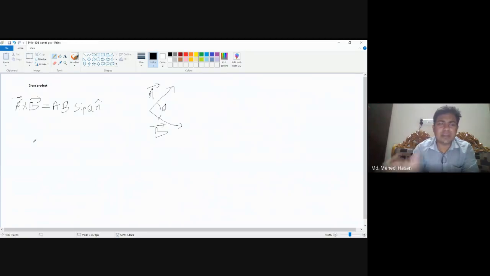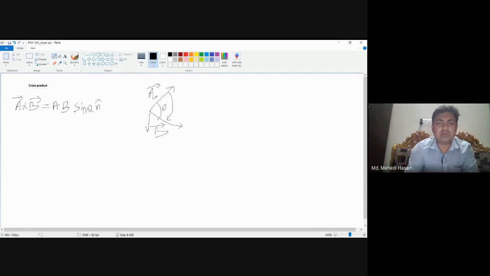If we apply the right hand rule, moving from A to B, then this term represents the direction of the resultant vector, in the direction of n. If you go along that direction from A to B, the direction will be downward.